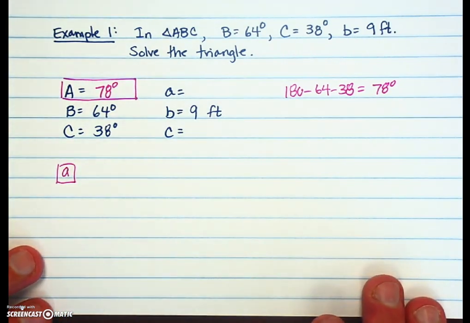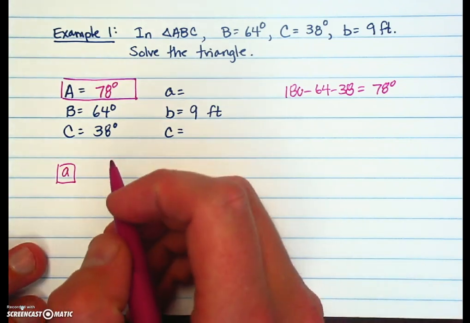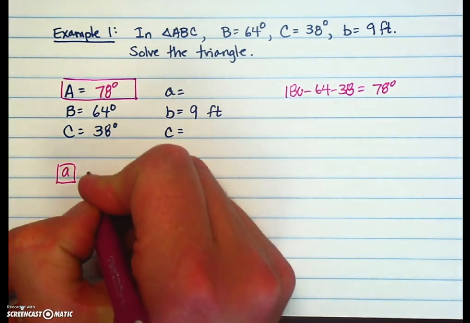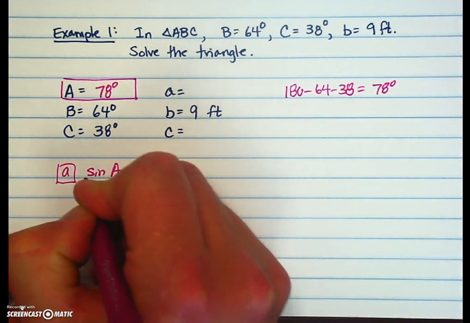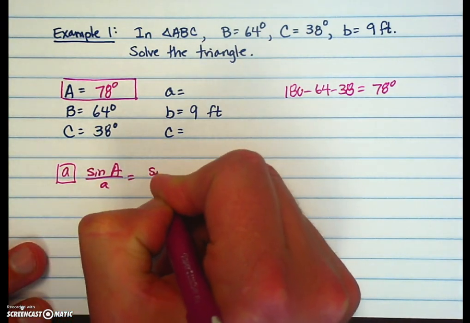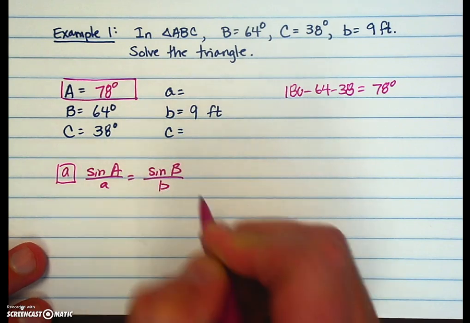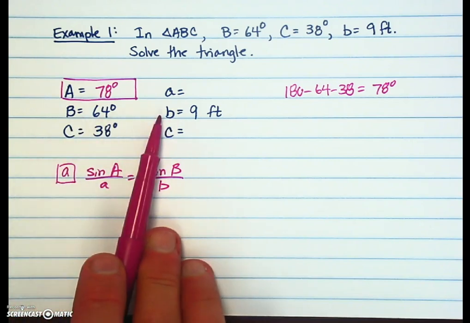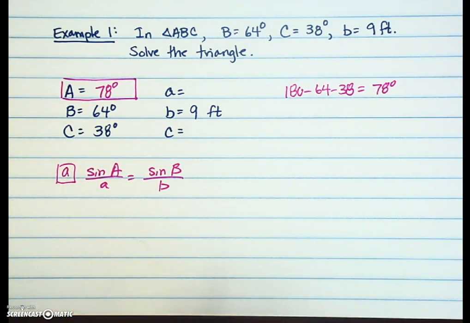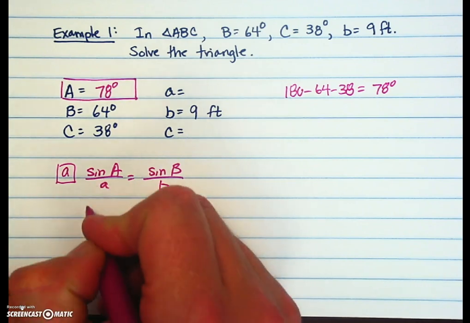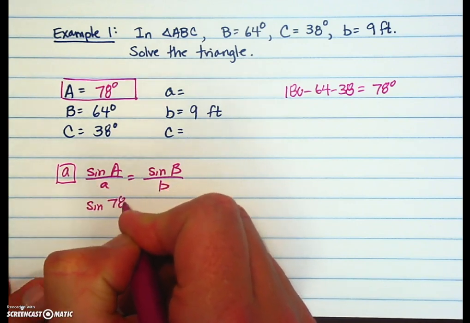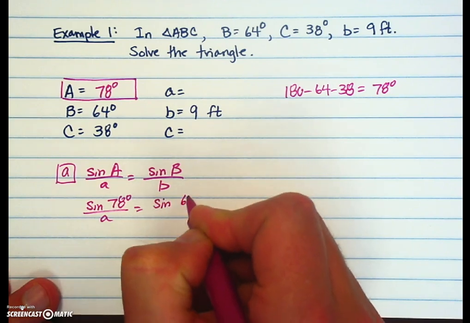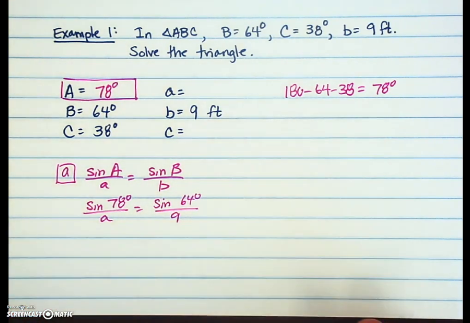Here's the way I'm going to set that up: sine of capital A over lowercase a, and then sine of capital B over lowercase b, because those are the letters that I have in common. You have to use those when solving. So we go sine of 78 degrees over lowercase a equals sine of 64 degrees over 9.